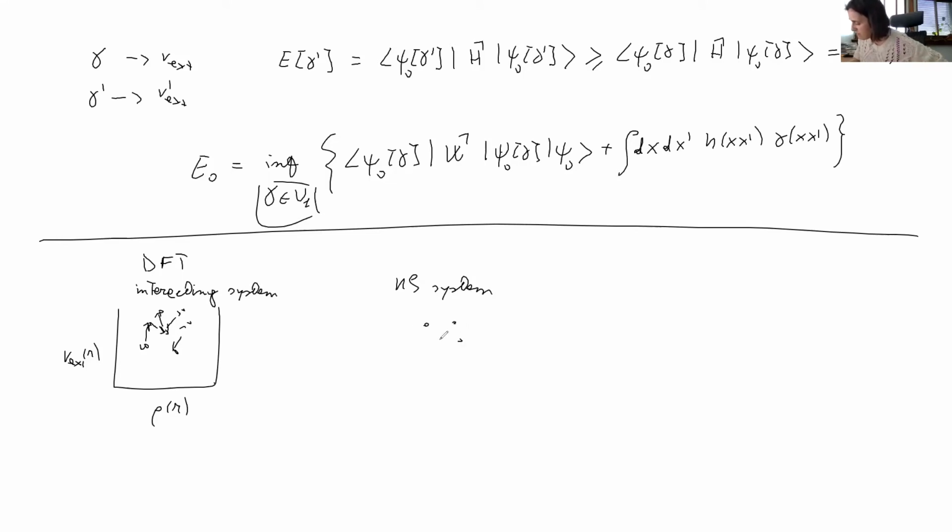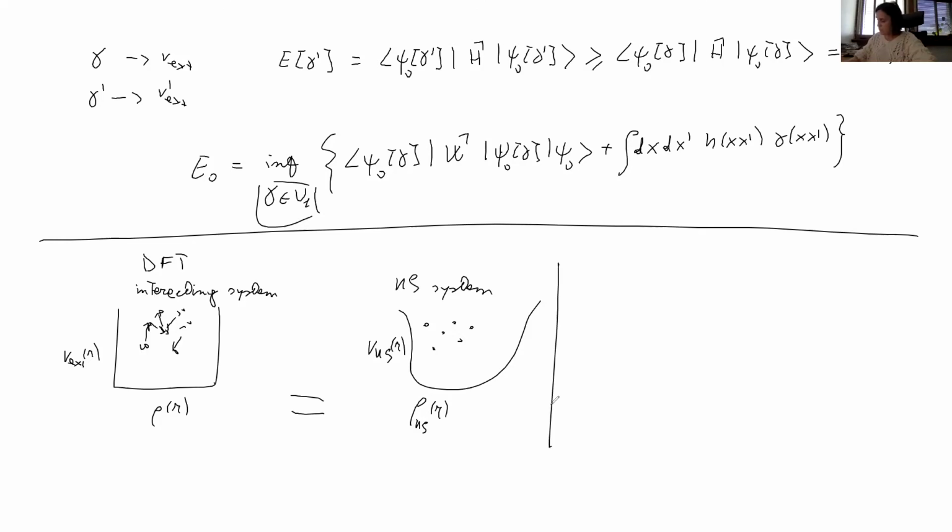I have a system of N particles that do not interact, moving in some local potential that I call Kohn-Sham. And this potential has to do only one thing: it has to produce a Kohn-Sham density that is the same as the one of the interacting system.